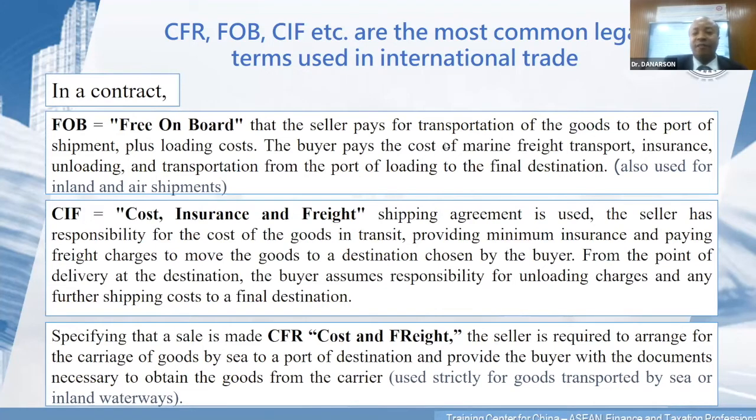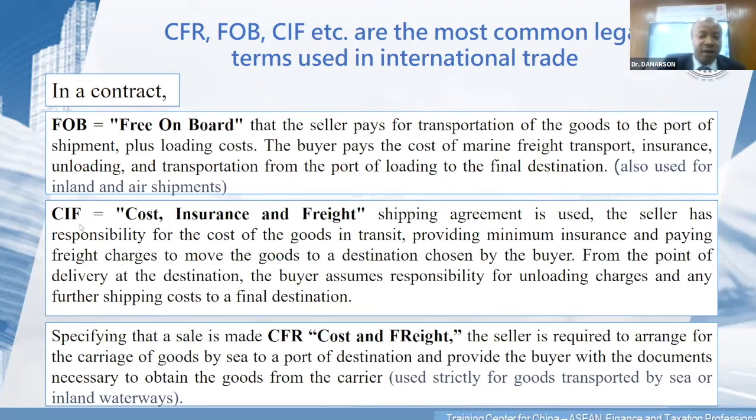The seller pays the transportation of the goods to the port of shipment plus loading costs. So with this term, the supplier is not going to pay until your door. If you are buying from Nanning, where I am now, and sending the goods to Shanghai, then I will pay for your shipments until Shanghai. And from Shanghai, there will be a big ship bringing it somewhere, and that's another story.